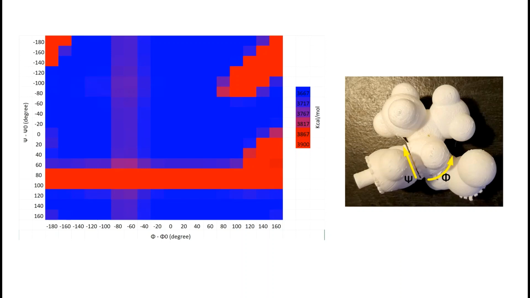Our tool has also shown to be capable of generating accurate Ramachandran plots, where a great match is observed between the favorable sections of the energy heat map and the allowable conformations obtained from the physical model.